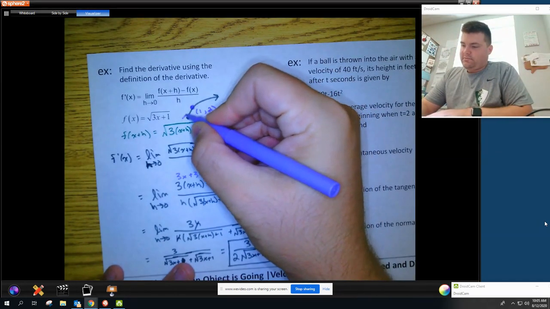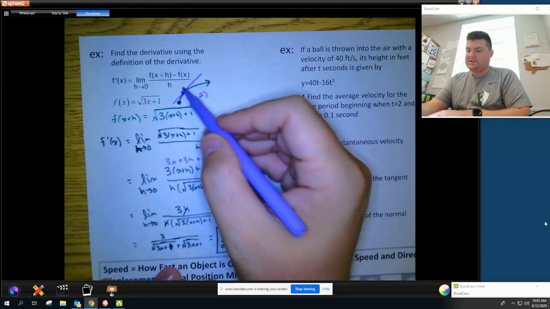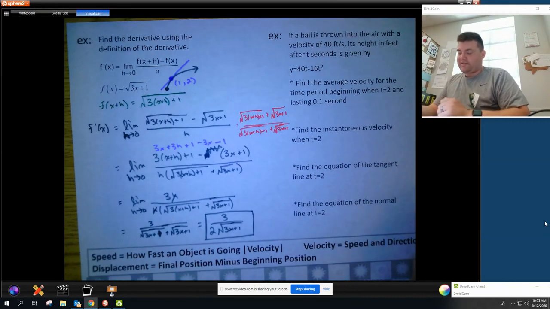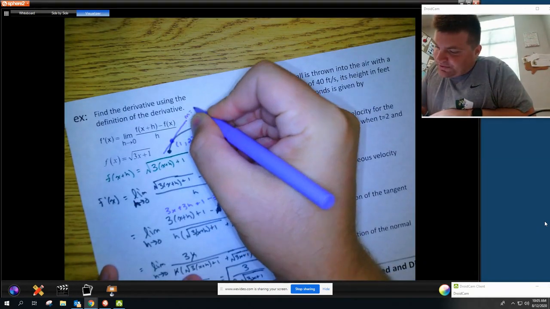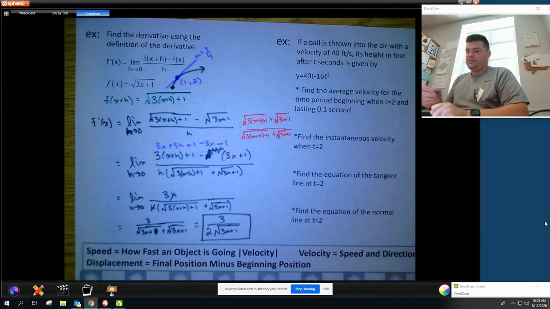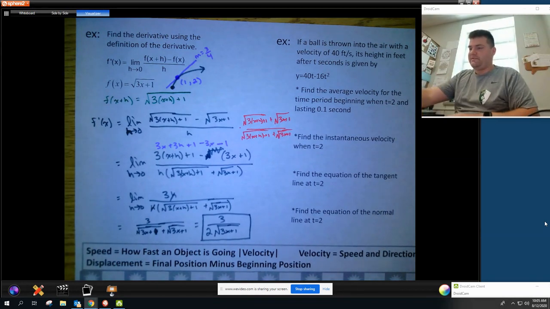Well, to find the slope of this tangent line, I just have to plug this back into here. If I were to do that, it looks like I would get 3/4. So this slope is 3/4. Again, I'm just plugging that 2 into here. So that's the use of the definition of a derivative.